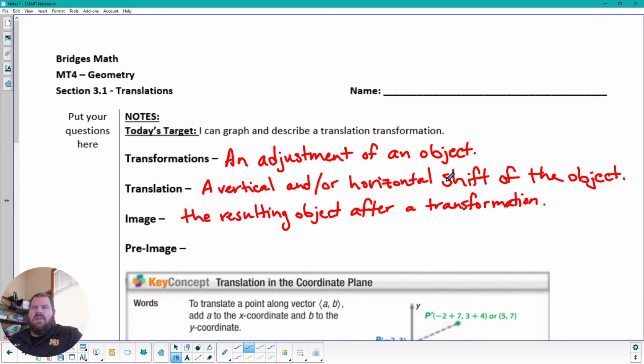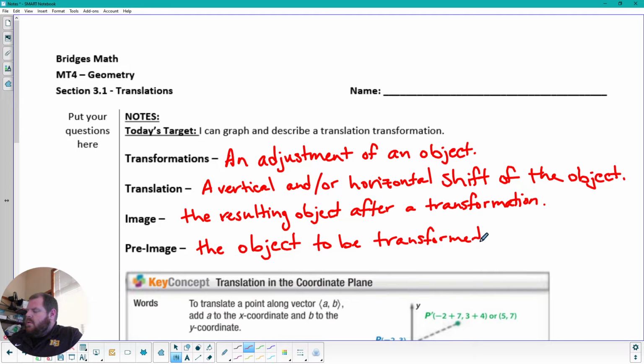The image is the robot that you see, whereas the pre-image is sort of the object to be transformed. And maybe we'll use a different idea.